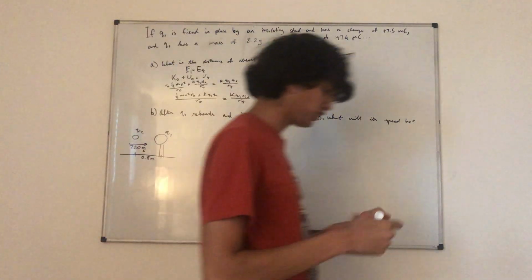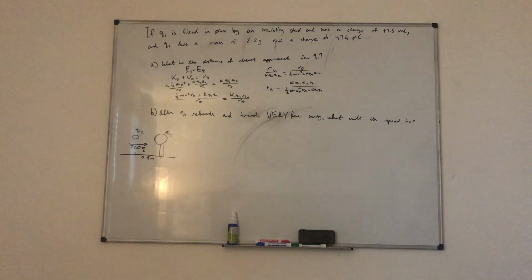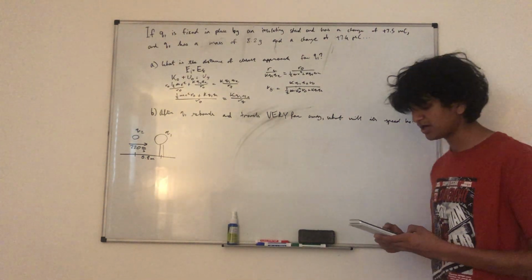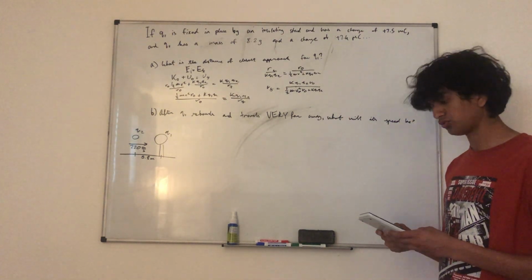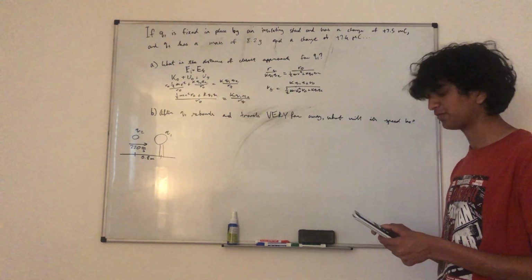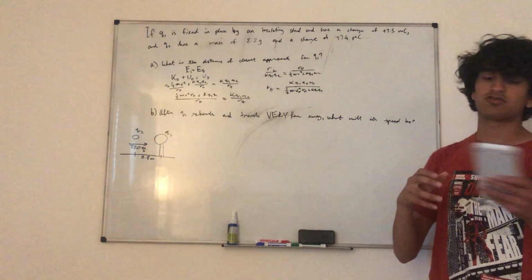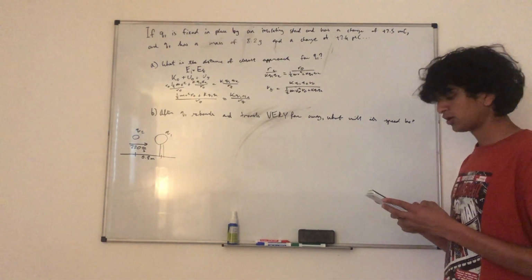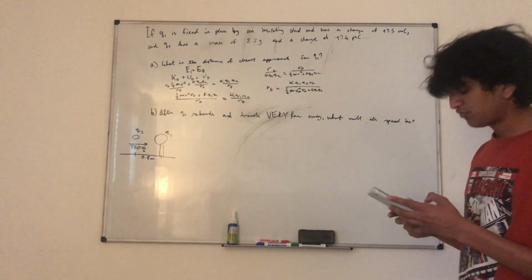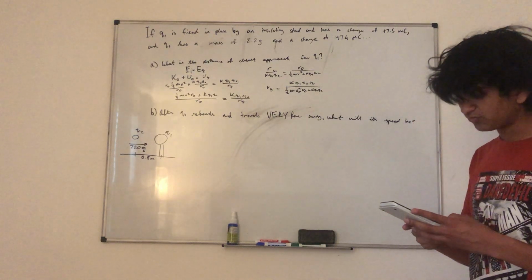So that is the equation. You can start plugging everything in there, or you can just fast forward to the next step. I am curious what this equals. I did this problem and just want to make sure I did this right. So 9 times 10 to the 9. If you need to know Coulomb's constant, check your College Board equation sheet. Q1 is 7.5 times 10 to the negative third.